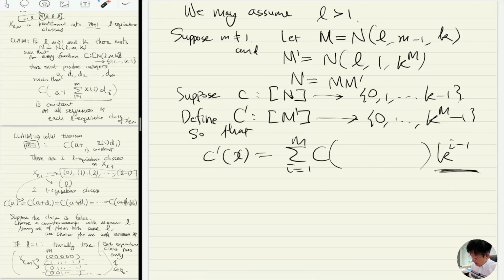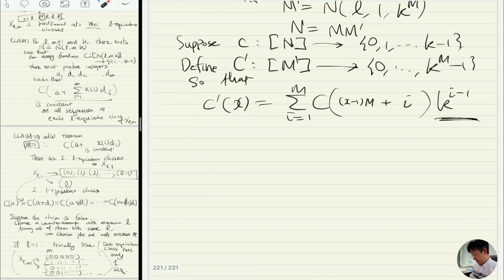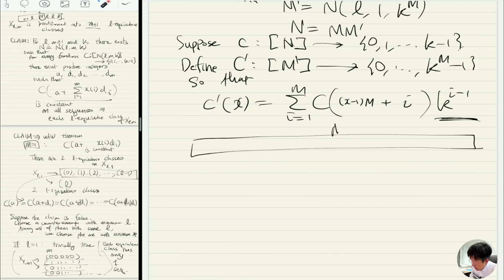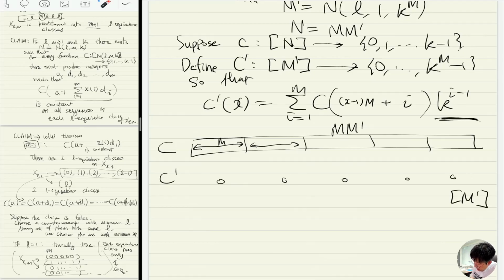And what is that? That is x minus 1 times M plus i. So in other words, I have M prime integers, and I'm splitting the C function into intervals of length M. And then my C prime is a coloring for M prime integers, and the color of this integer will come from here.